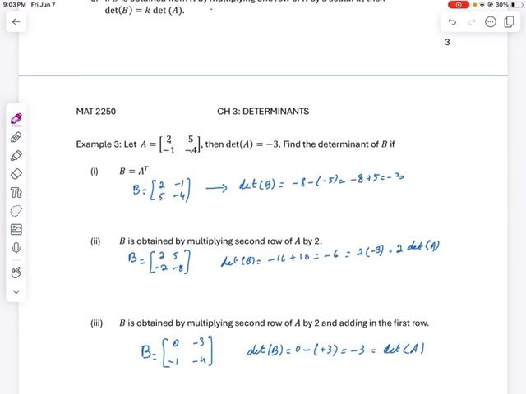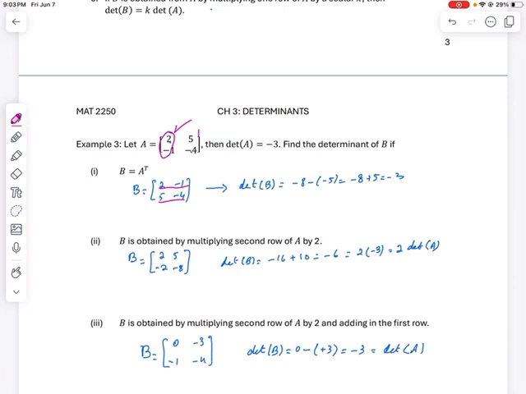So let A be this one, and then we know that the determinant of A is negative 3. You can calculate that. Now we are saying find the determinant of B if B is equal to the transpose of A. So we write B here. We transpose, so the first column becomes the first row here, and the second column becomes the second row.